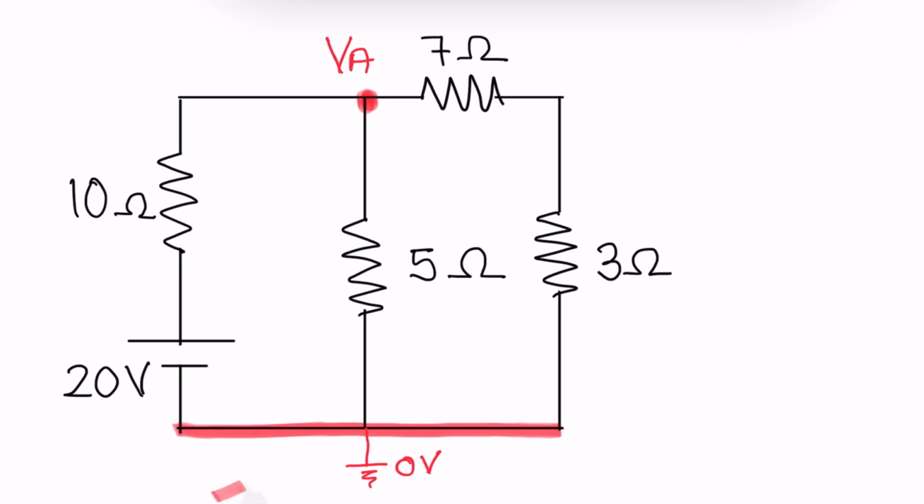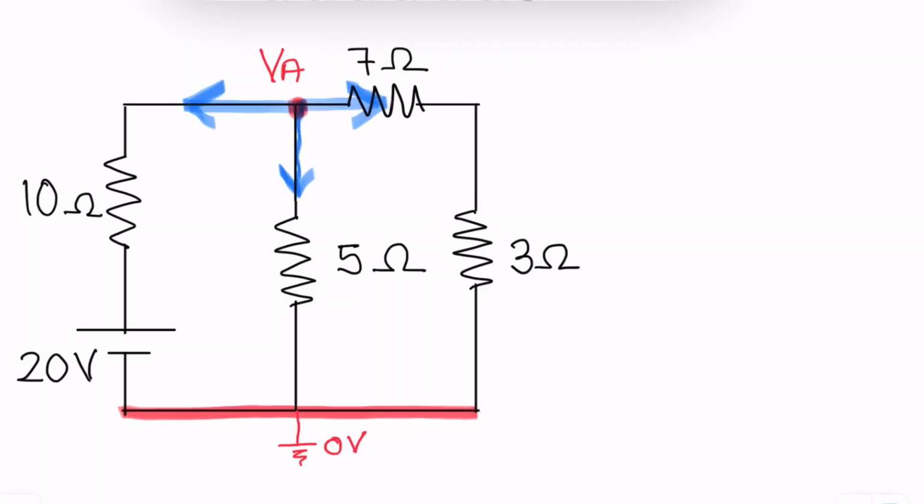One thing is clear, our reference node is held at 0 volt and there is another node which is termed as VA, and now our job is to write down the equation at VA. Let us see how to write down the equation. We will assume that all the currents are outgoing from node A. Let us assume first outgoing current I1, second outgoing current I2, and third outgoing current I3.